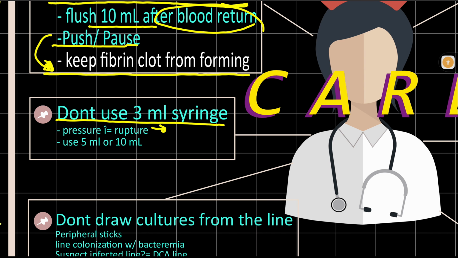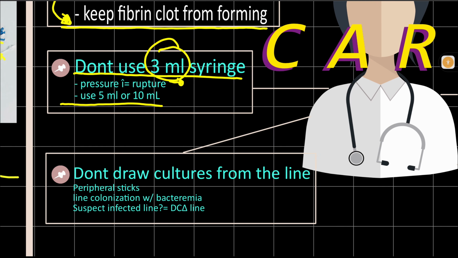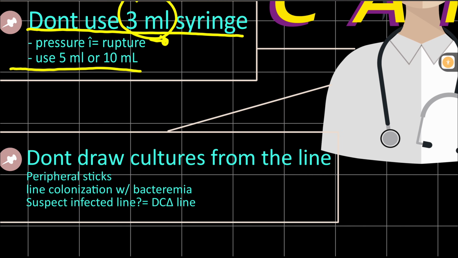Pwedeng ma-busted yan or ma-rupture ng iyong central line because you're using a smaller syringe that has higher pressure. Okay, so instead of using a 3 ml syringe, you have to use 5 ml and 10 ml syringe in giving medications, in flushing, or collecting blood samples using the central line. Okay, now draw blood cultures from the line.